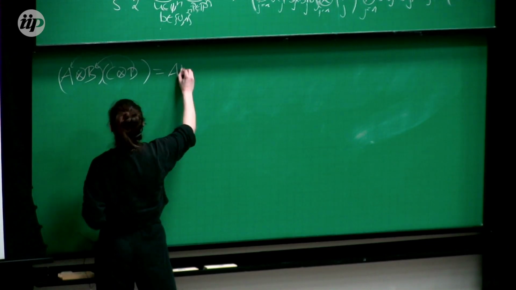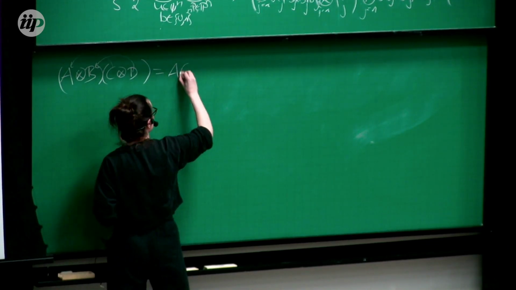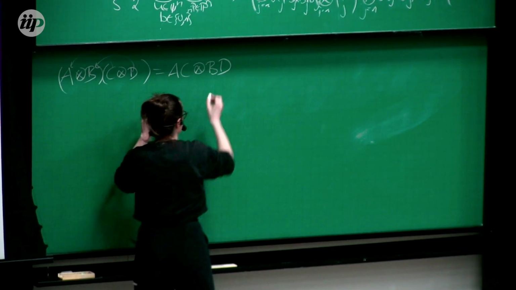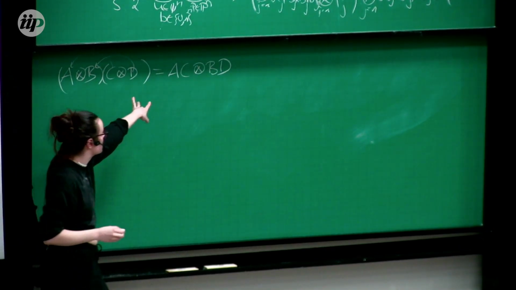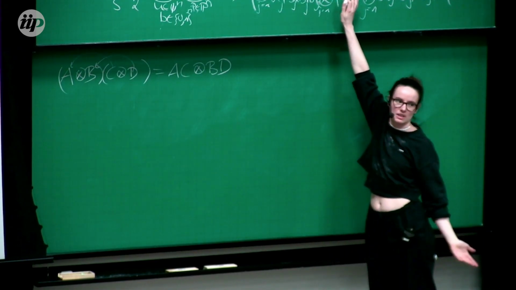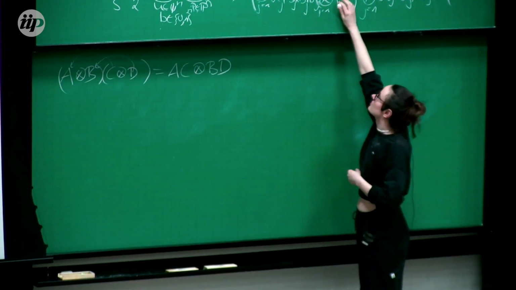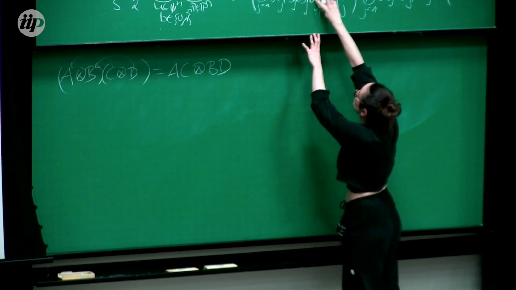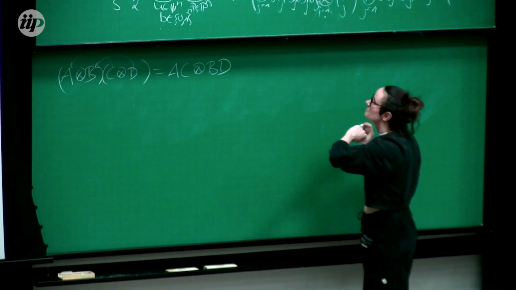So this would be AC tensor BD. So we can use this to scrap this tensor product here, and then assume that there's a product in between this and this operator.